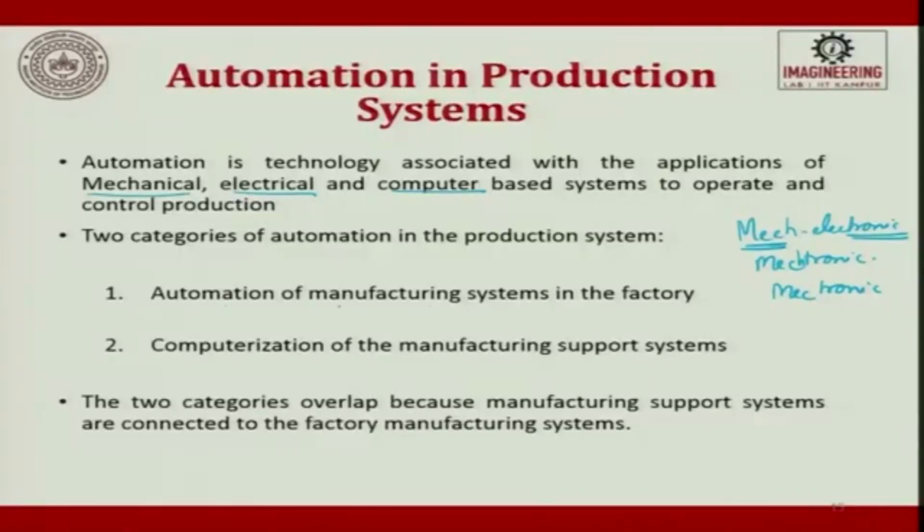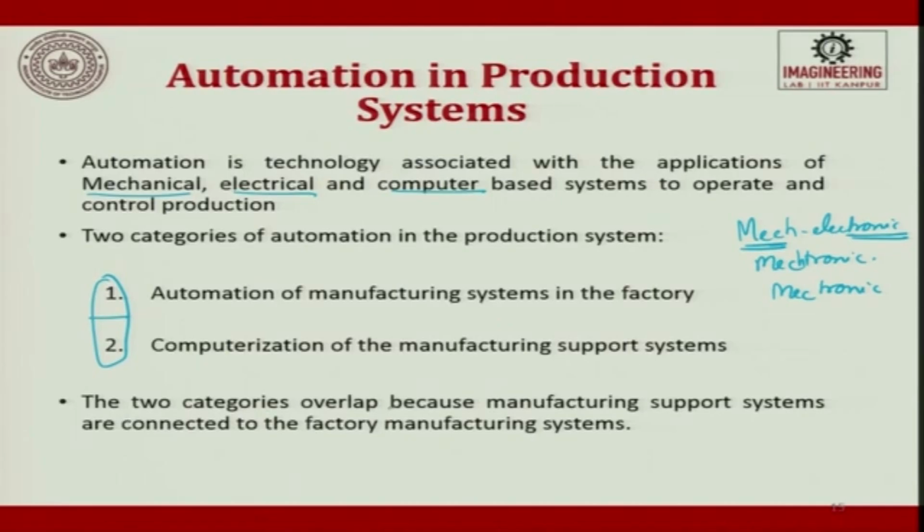There are two categories of automation in production systems: automation of manufacturing system in the factory, and computerization of the manufacturing support system. These are the two levels or two different automations which are there in the production system. One within the factory, one factory and rest of the world.